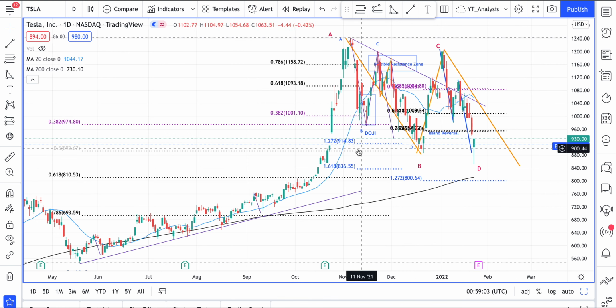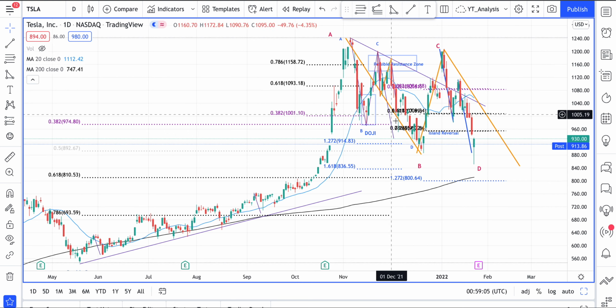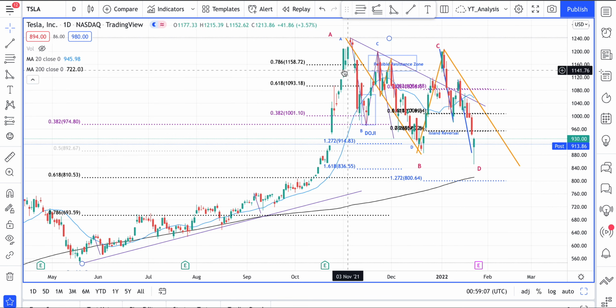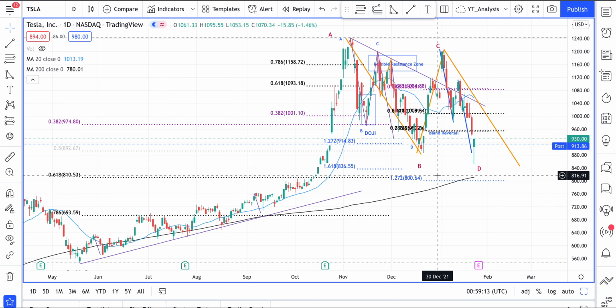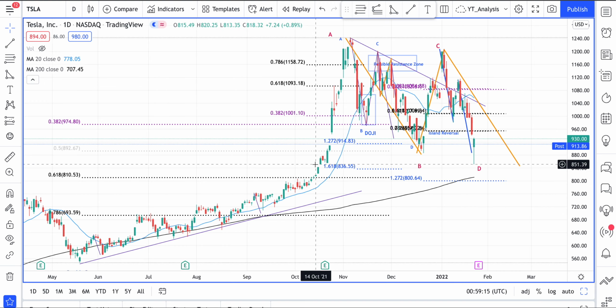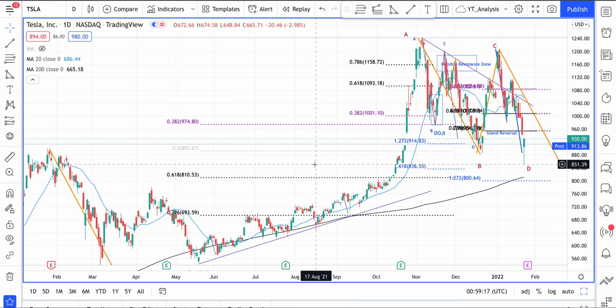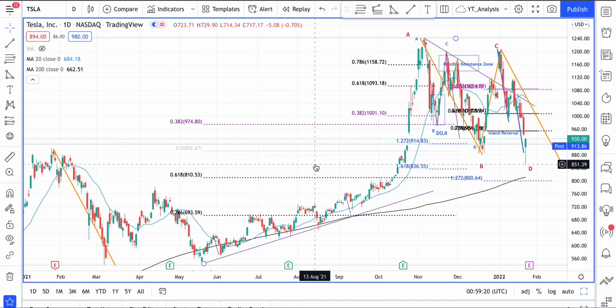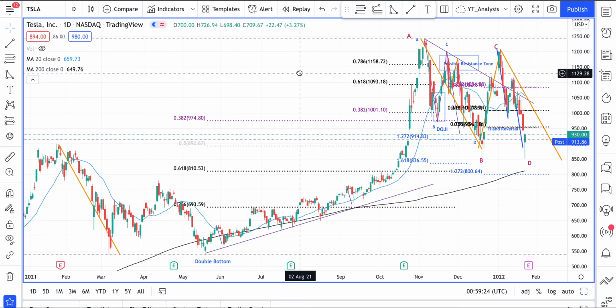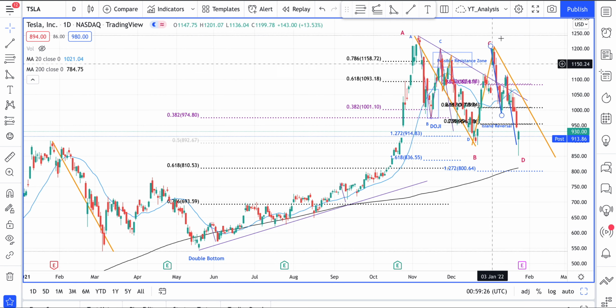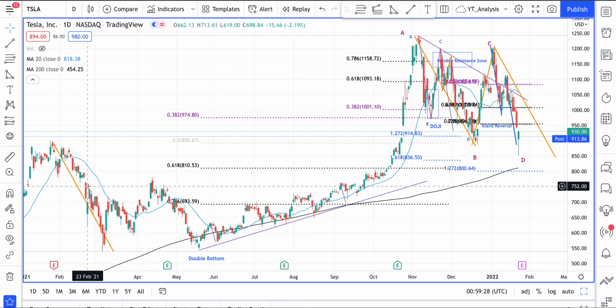Now, I have not counted the number of days involved between these legs, but there could be symmetry. Maybe some homework for you guys. Another important thing, which was perhaps also covered in previous videos: in the last video I did on Tesla, I believe I mentioned the possibility of this larger ABCD being completed.